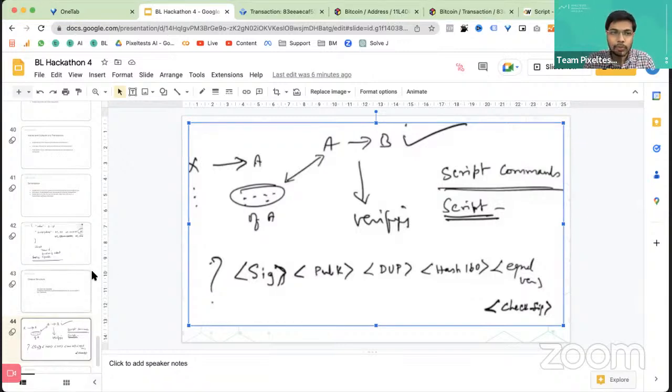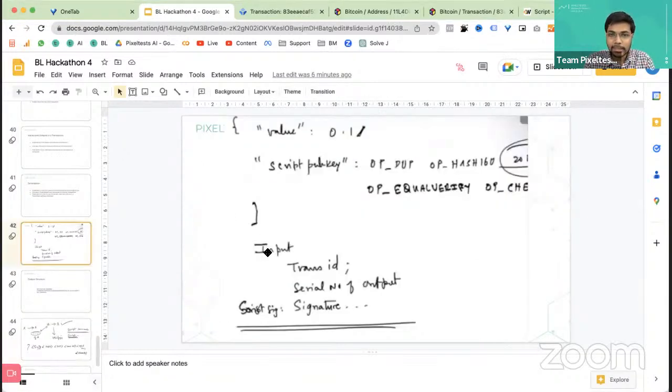We have seen that the outputs have this structure: OP_DUP, OP_HASH160, the 20 bytes of public key hash, OP_EQUALVERIFY, OP_CHECKSIG. This is what is there in the output along with all the other values.